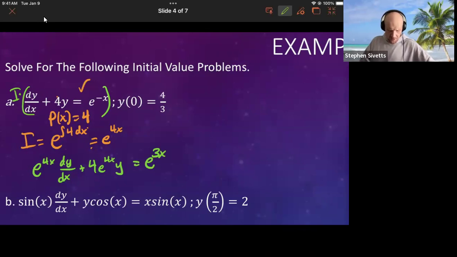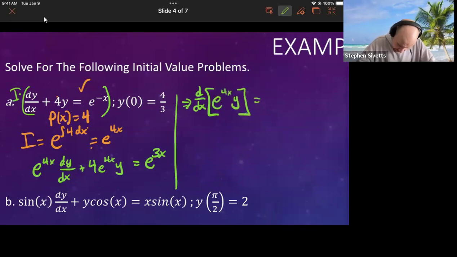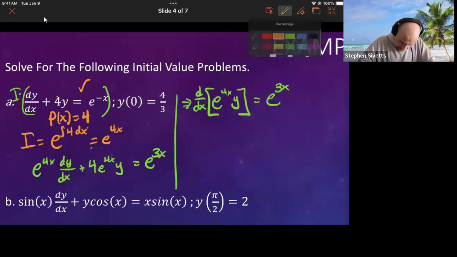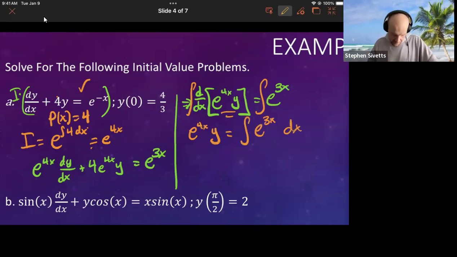And then the left-hand side is just the derivative of e to the 4x times y, and this equals e to the 3x on the right-hand side, right? Then the next step is to integrate both sides. The left-hand side will be just the quantity itself, so it'll be e to the 4x times y, and this equals the integral of e to the 3x dx.